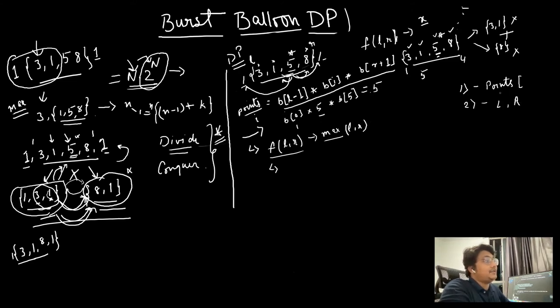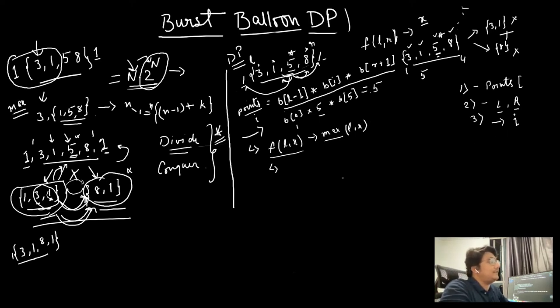And third part is we don't know which of these balloons is going to yield the maximum result. So we have to add the result for all of them or check it for all the trees. So if we are trying to find the solution in the range L and R, we have to iterate from L to R by bursting every balloon once. So let's say that the iteration element which we will use is I.